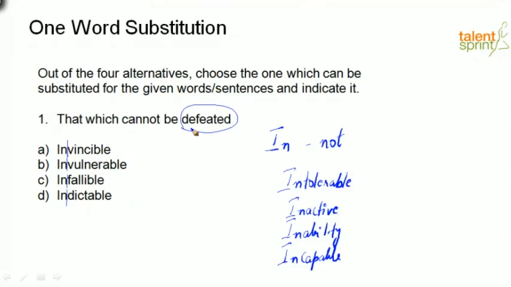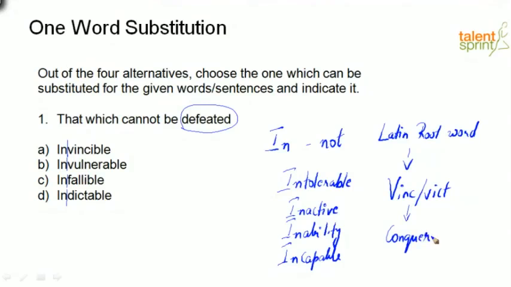So likewise, we have a Latin root word. The Latin root word is vinc or vict, which means to conquer, right? This means to conquer. So now, I already know which of the options has this root word.